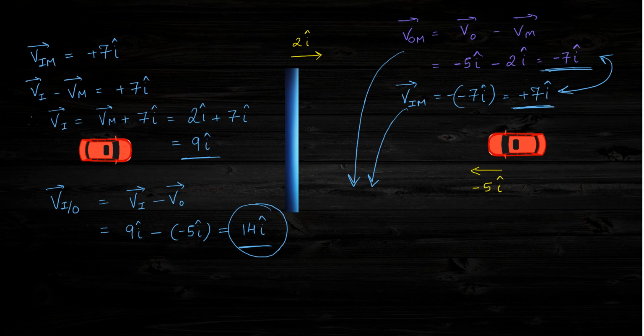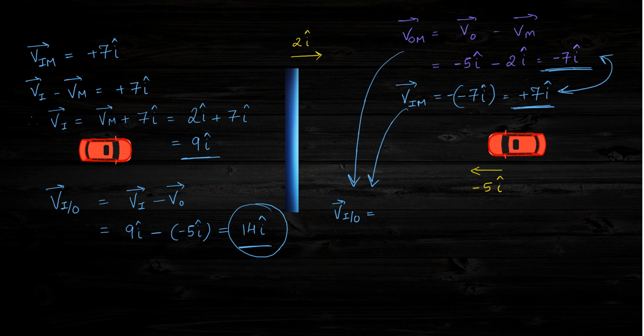So let's see how that works. We need to find out velocity of image with respect to object. Now we are understanding these two velocities to be with respect to the mirror, because as Einstein told all of us in 1905, velocity of image or velocity of object or velocity of mirror, all these velocities are still in the inertial frame of reference.